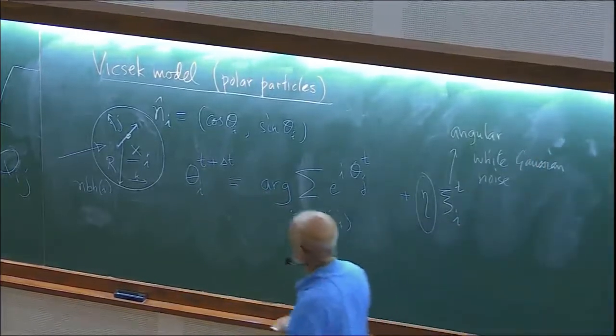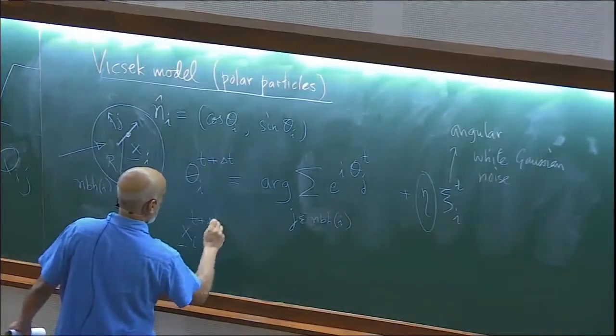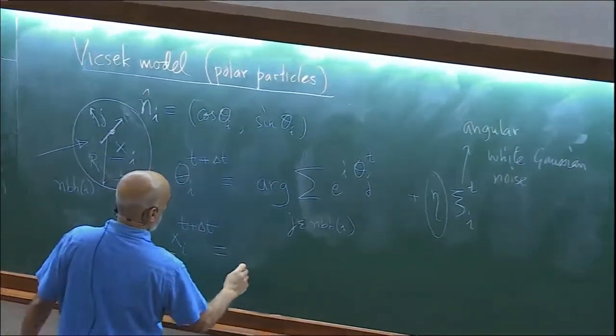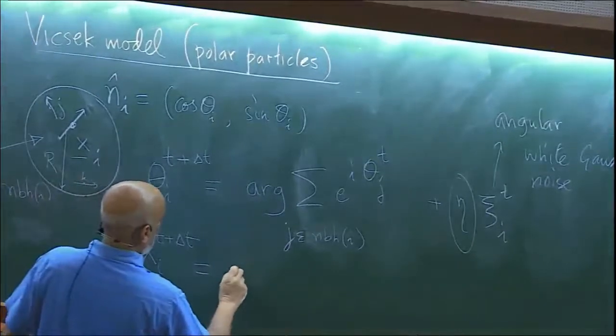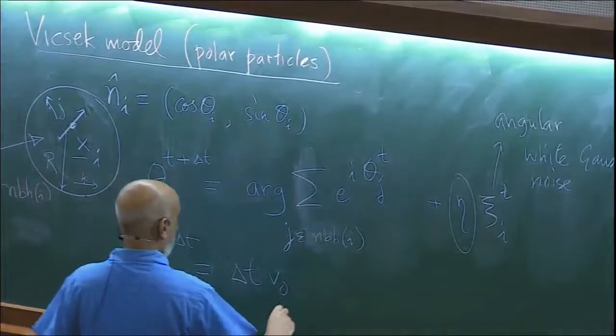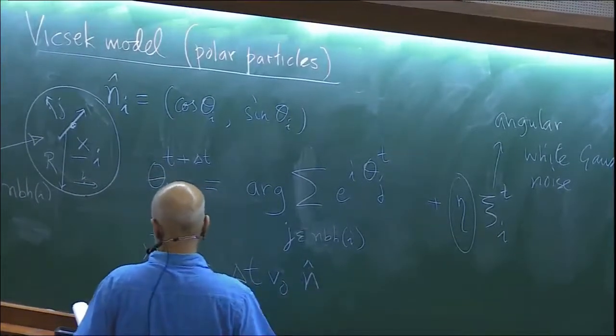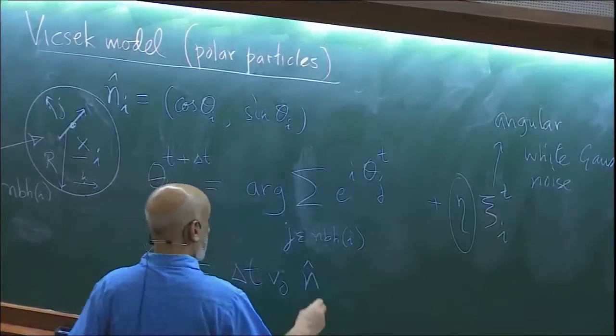Oh, sorry. And xi at t plus delta t is, well, do I do ni of t and I have delta t? Hardly matters.